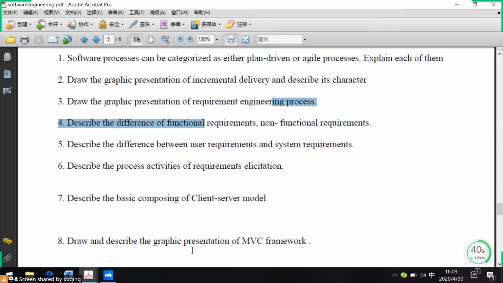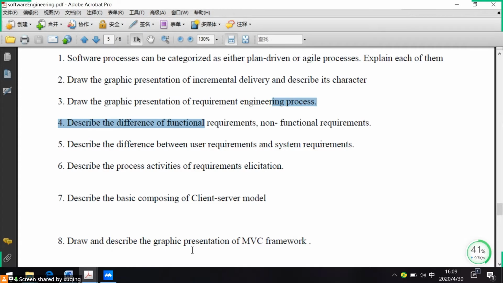User requirements are defined using natural language, tables, and diagrams, as these can be understood by all users.